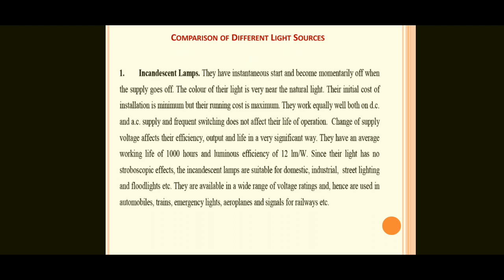So the average working life is 1000 hours and luminous efficiency is 12 lumens per watt.